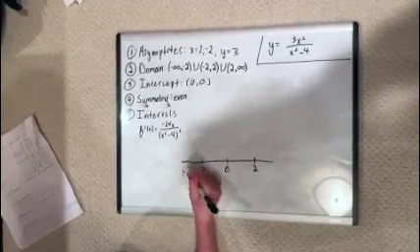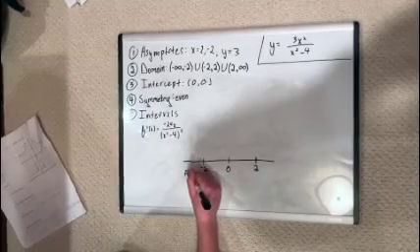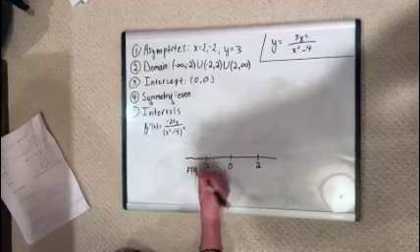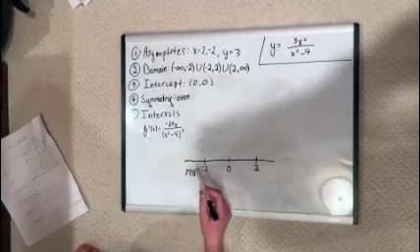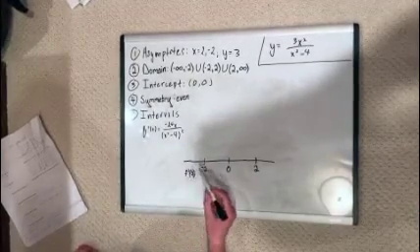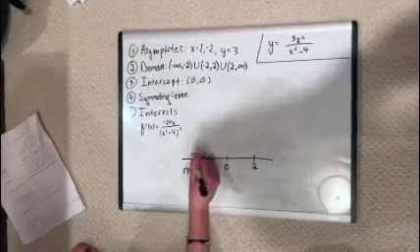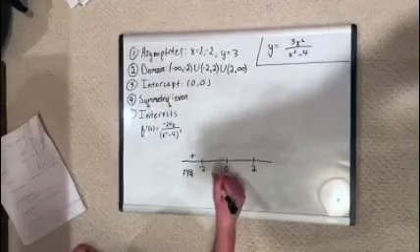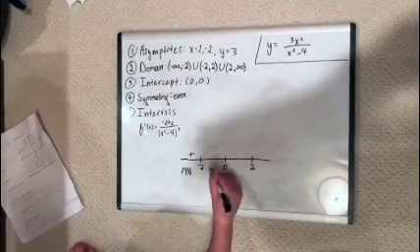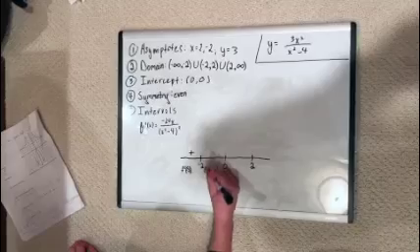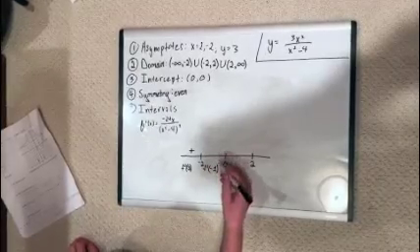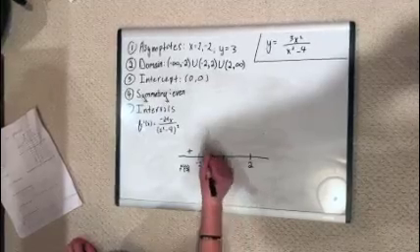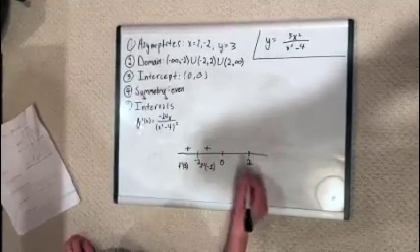So we're going to plug negative 3 into the derivative. So it's going to be positive on top and also positive on the bottom, so overall positive. And then we're going to plug negative 1 into our derivative, and it's going to be positive on top and once again positive on the bottom, which results in a positive.